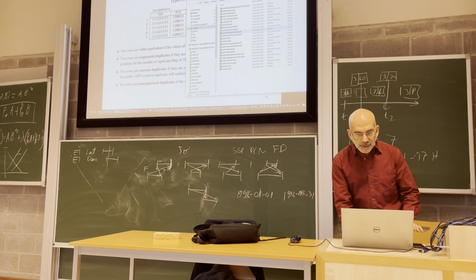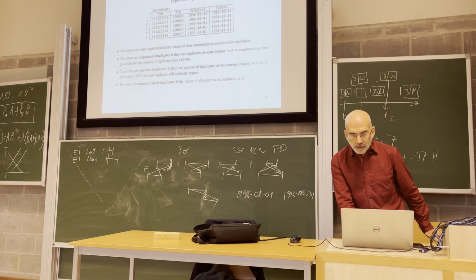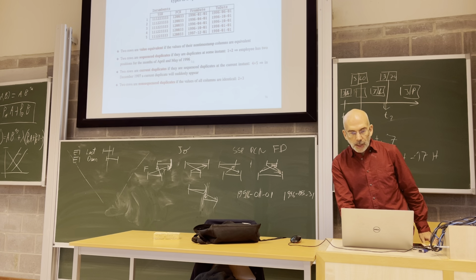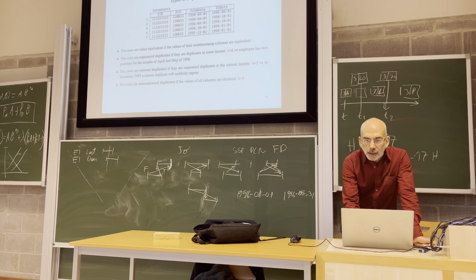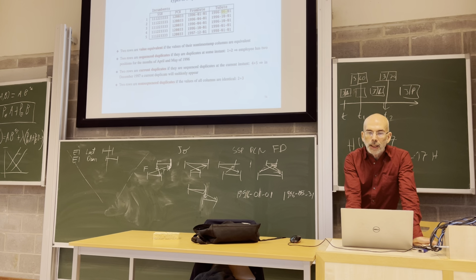There will be sequenced duplicates if, for example, we look at these first two lines between April and June, where the employee has two positions, twice the same position. This is somehow sequenced duplicates.